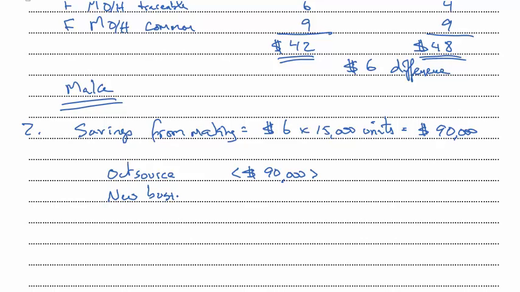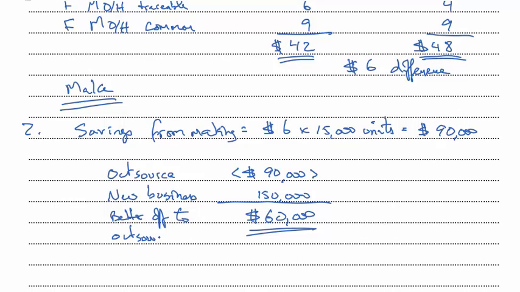New business, $150,000 coming in. Now we are $60,000 better off. Better off to outsource and produce the new product.